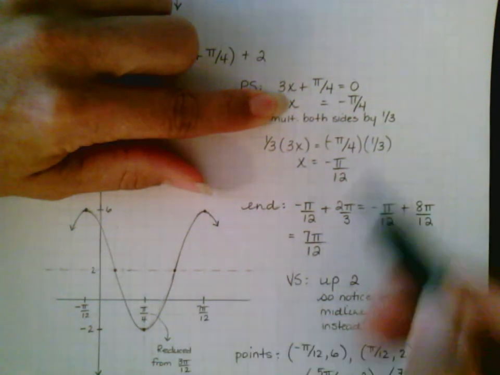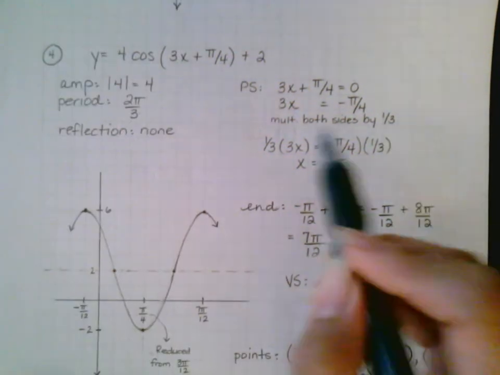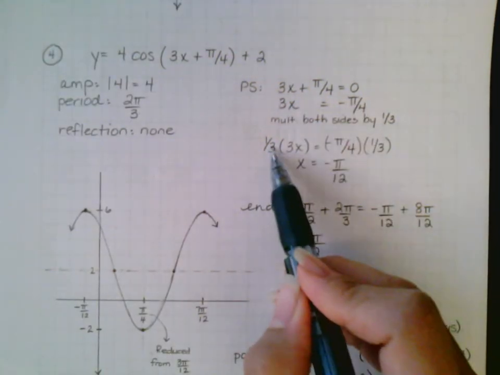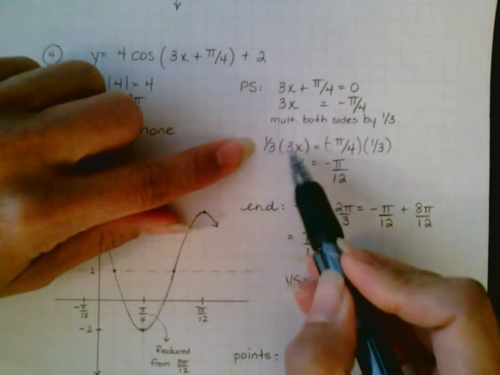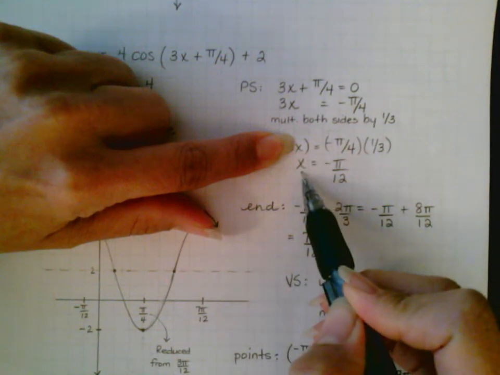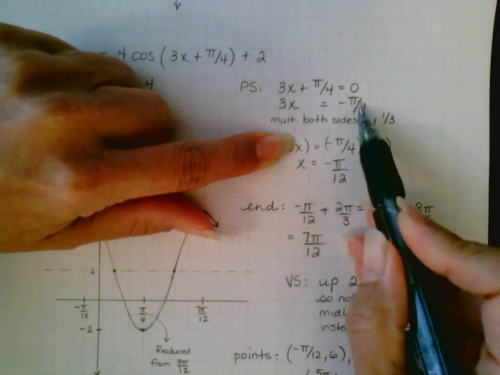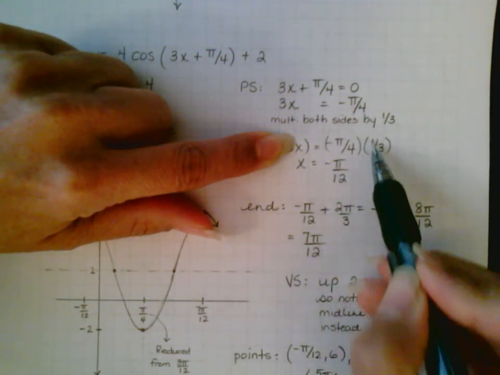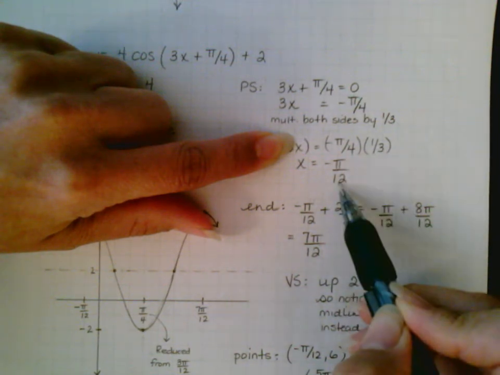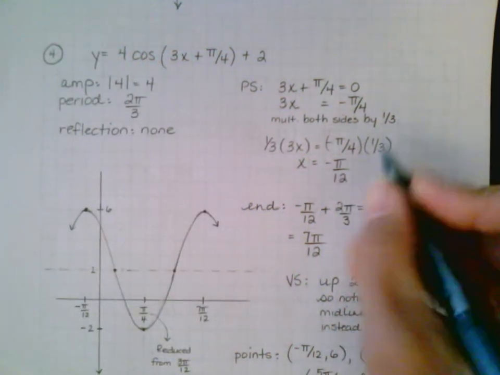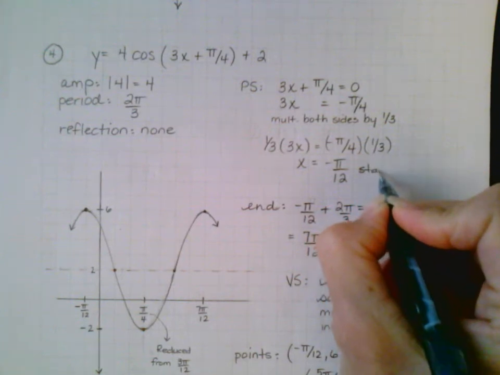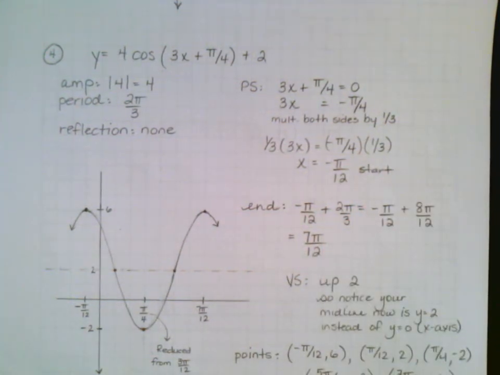So the reciprocal of 3 is 1/3. So if I multiply by 1/3 on both sides, notice that 3 divided by 3 cancels and it becomes x. And when I multiply this by 1/3, negative pi times 1 is negative pi, and 4 times 3 is 12. So this here is going to be my starting point at negative pi over 12.